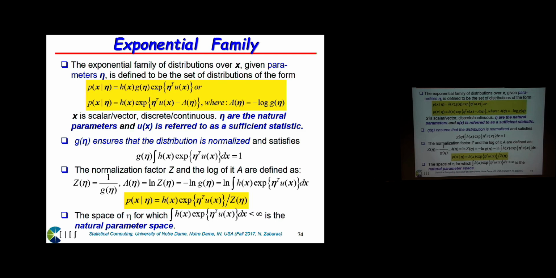Now, why are we studying the exponential family? We study it because by spending some time talking about this, we're basically accounting for doing Bayesian inference for many, many, many different distributions. And whatever results you come up with for this distribution, you basically can transfer them to many other distributions that belong to this exponential family.